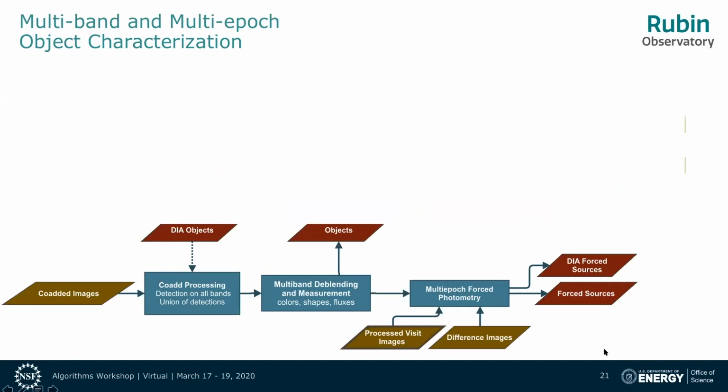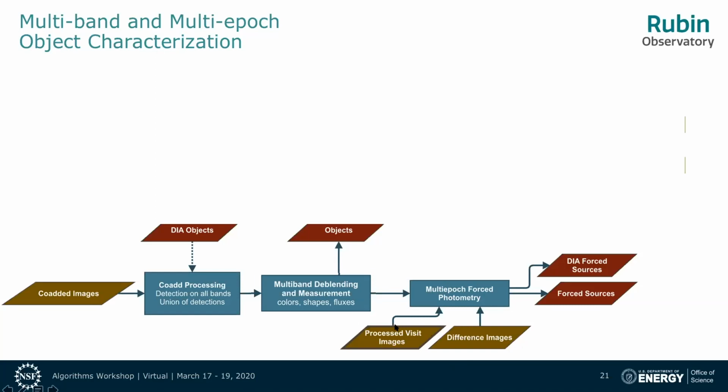With these objects in hand, to produce light curves, we can do forced photometry on either the processed visit images or the difference images, and produce DIA forced sources or forced sources. We are evaluating the strengths and weaknesses of light curves derived from forced photometry on both these types of images.